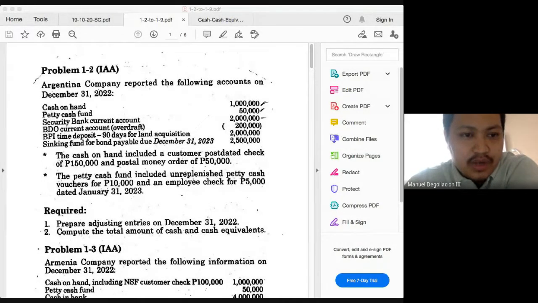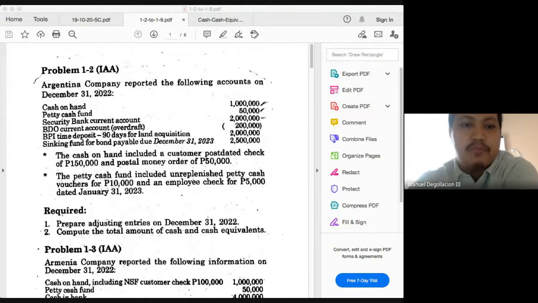So following our matching rule, we match the investment or the cash fund with its intended use, with its related asset or liability. If the related asset is a long-term asset, therefore the fund will also be treated as a long-term fund or a long-term investment. So in this case, the BPI time deposit will not be included.